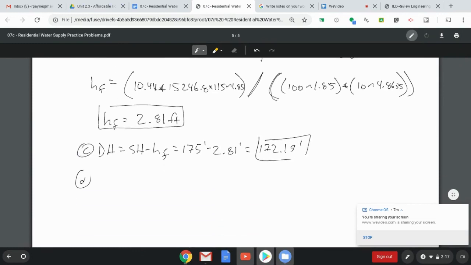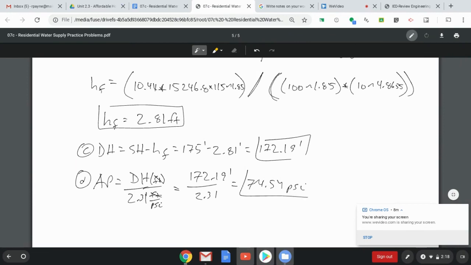And then finally, the actual pressure is equal to the dynamic head divided by 2.31, that's feet per PSI, because this is in feet. Feet divided by feet per PSI moves PSI to the numerator, and so 172.19 feet divided by 2.31 gets you 74.54 PSI, which is excellent pressure. It's exactly what you want if you're able to have that.